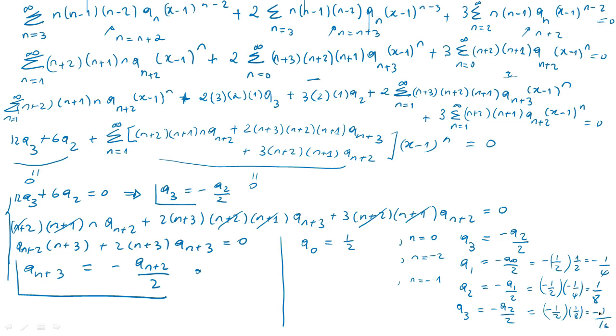So we're done. We found our coefficients, so it means our y can be written as the sum from n equals 0 to infinity of a_n (x minus 1) to the power n. We can sum this up to n equals 3.